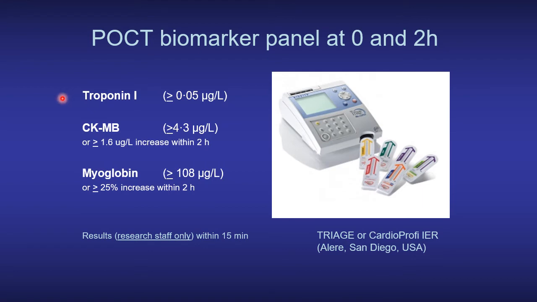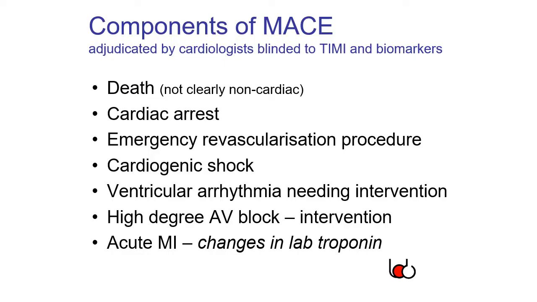The biomarker panel included troponin I, CKMB, and myoglobin on this device with the cutoffs as indicated, and results were available to the research staff only within 15 minutes. The components of MACE, that is major adverse cardiovascular events, are as listed, and I won't read them, but they were adjudicated by a panel of cardiologists blinded to the TIMI score and biomarkers.